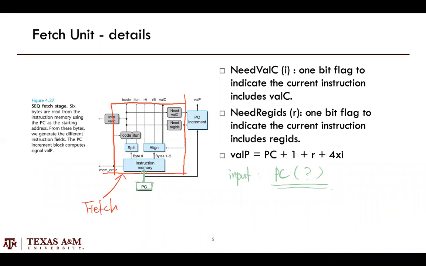And then next, I'll use blue color to indicate the output of this fetch unit. Here we have one output, iCode, and another output, iFun, and next rA, next rB, and last, not last, valC.